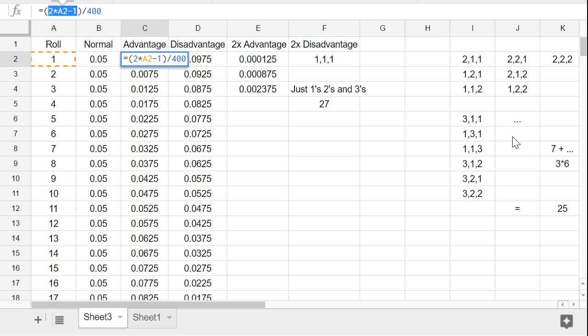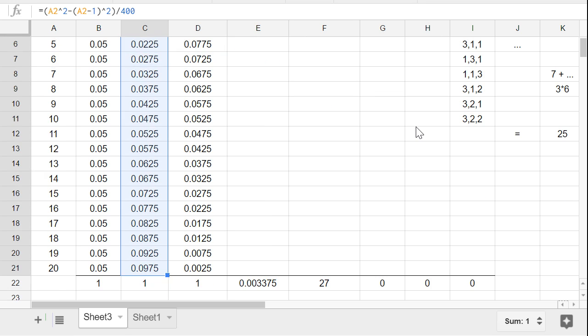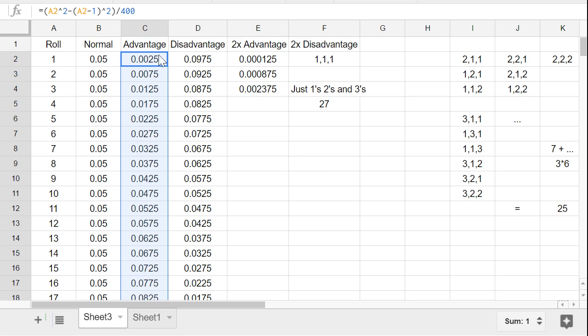So in general, that is n squared minus n minus 1 squared. And if we fill that formula down, it still works. Same exact results. Okay.